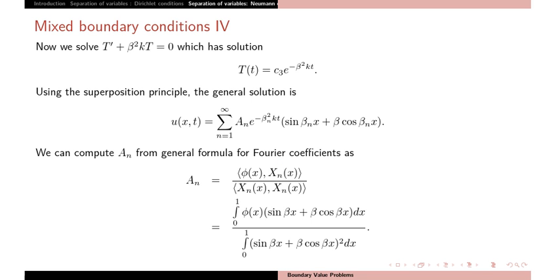And now solve the ODE for time, T', and no need to take the first two cases for trivial solution, just take the third one, lambda equal to minus beta square.